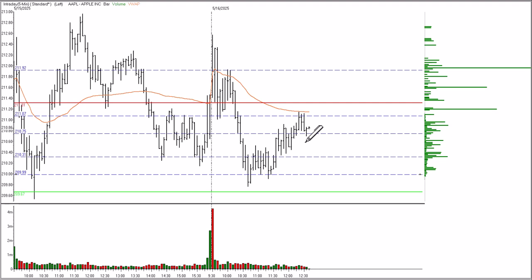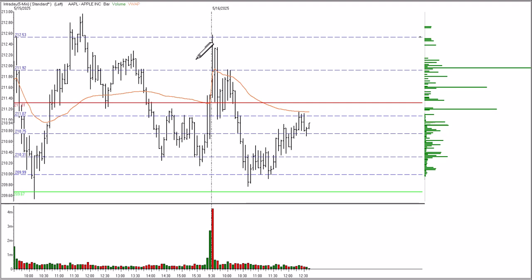So if we break out to the long side, you'd be looking at an entry above a strong close above this volume weighted average price. And you probably target this 211.92 threshold up here. It's right under this big volume by price cluster. Maybe if you saw an extension, you'd see a retest of the morning high.